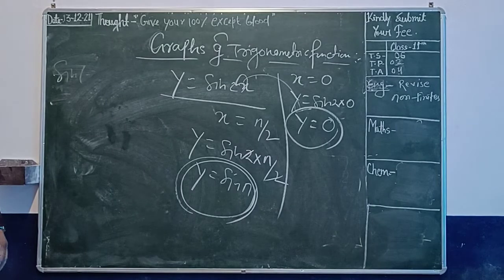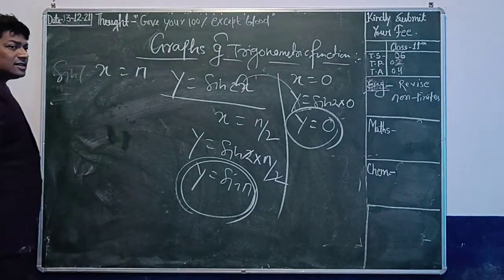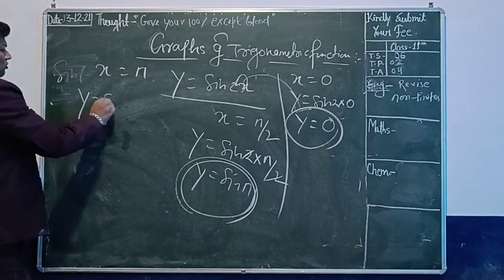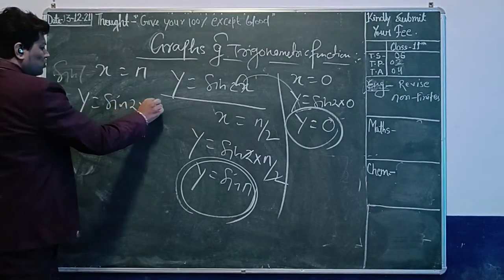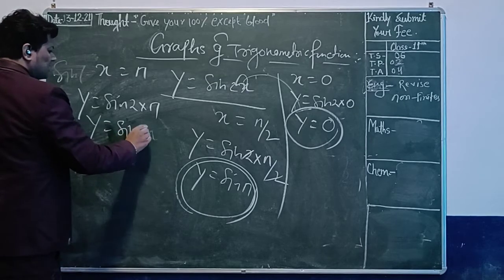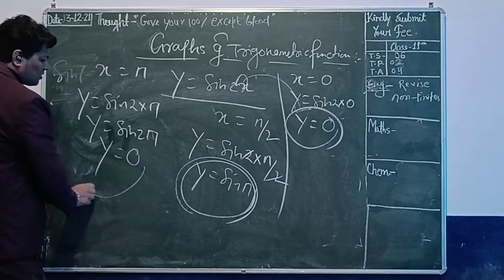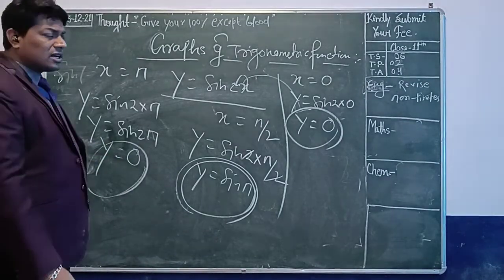Is it clear? In the same manner, if you take x equal to pi, y equal to sin 2 into pi, that is y equal to sin 2 pi. Y equal to sin 2 pi means you are getting 0 again. Is it clear?